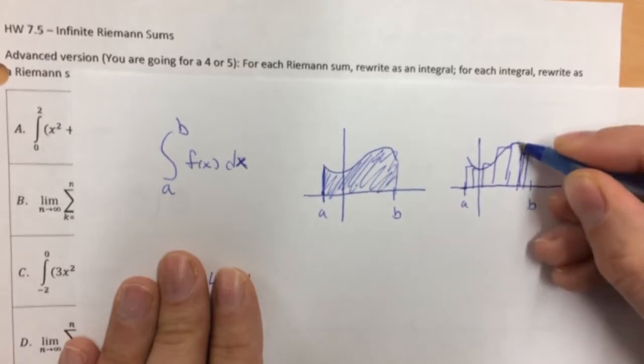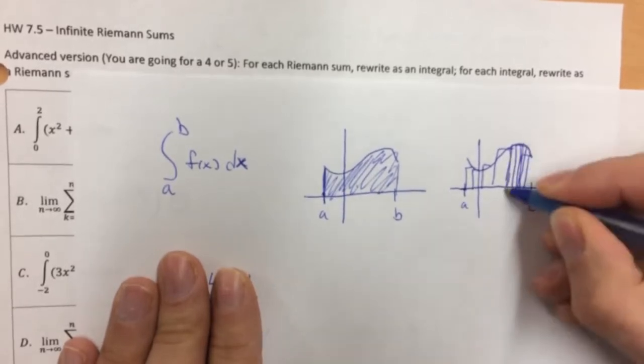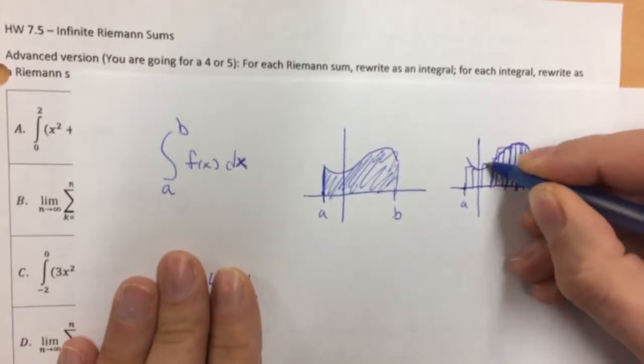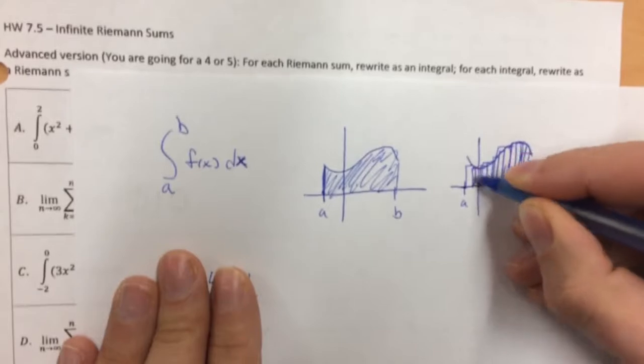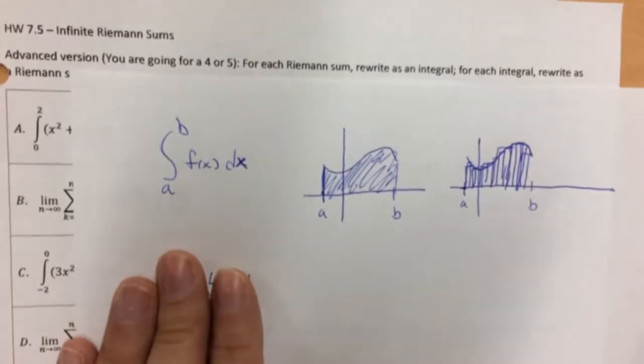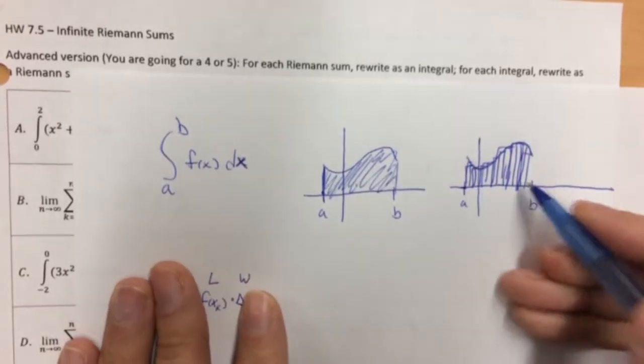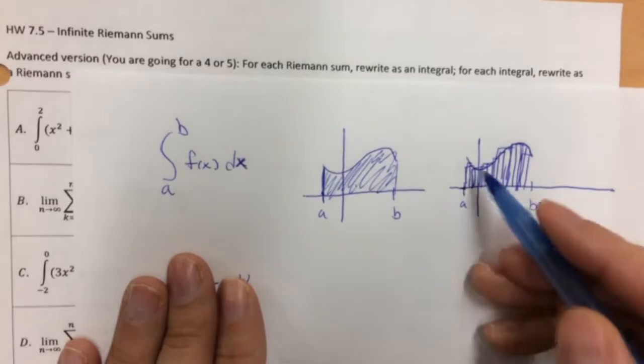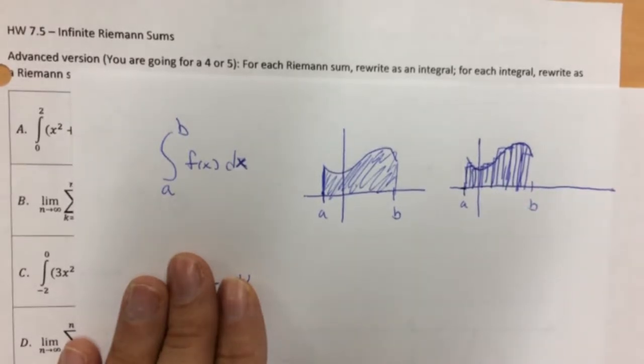The more rectangles we have, the better our estimate ends up being, and we get closer to the actual integral. And eventually, if we take a limit and the number of rectangles goes up to infinity, we'll cover the area exactly.